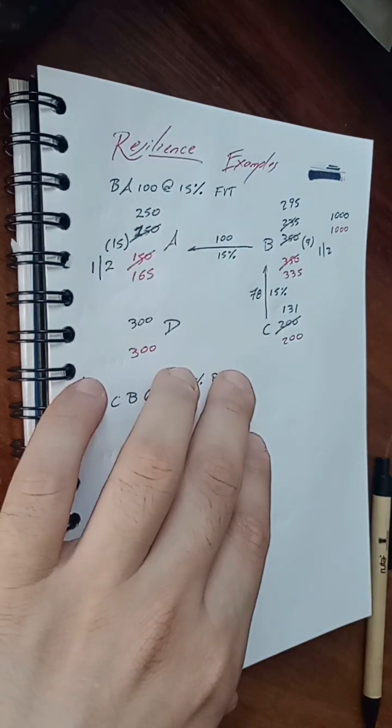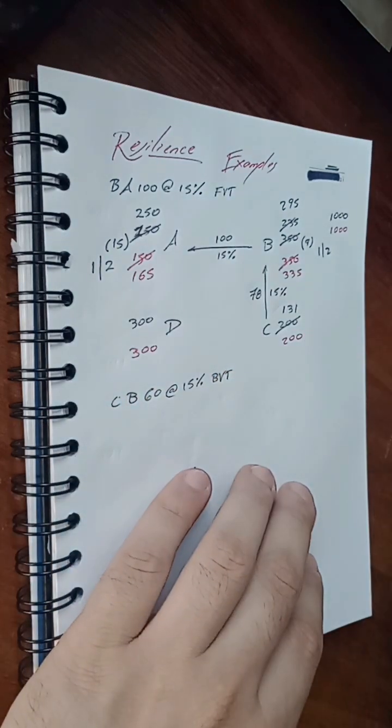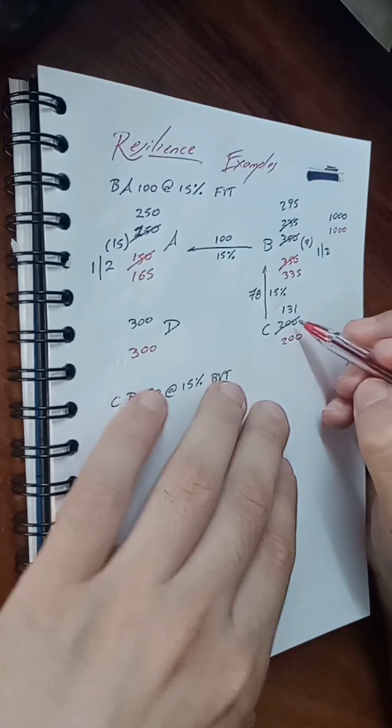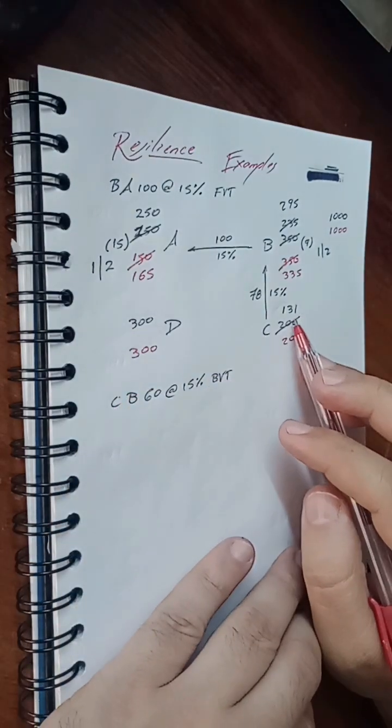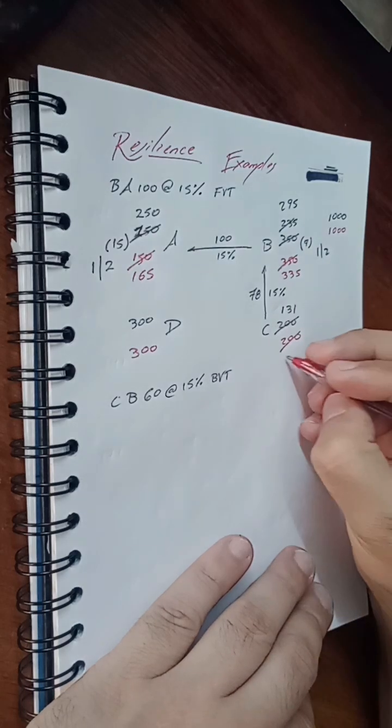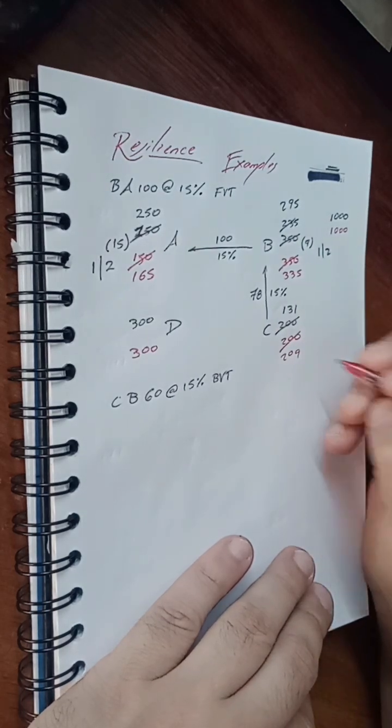Now let's check the network value for C. In this case, it would be 131 plus 78, so it would yield 209.